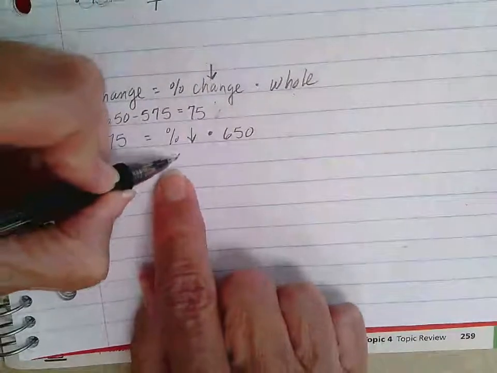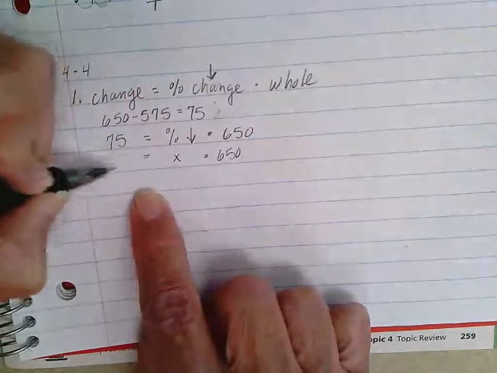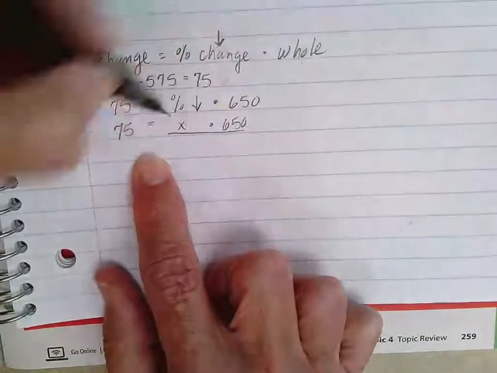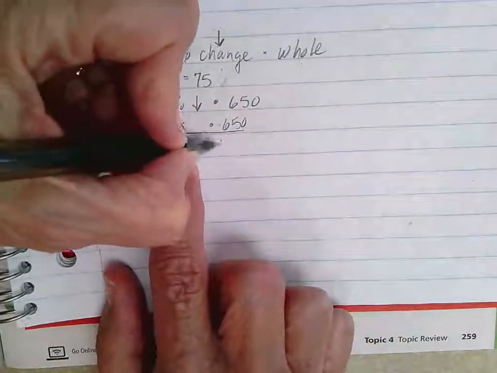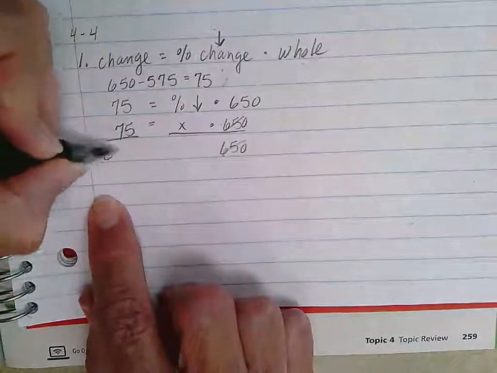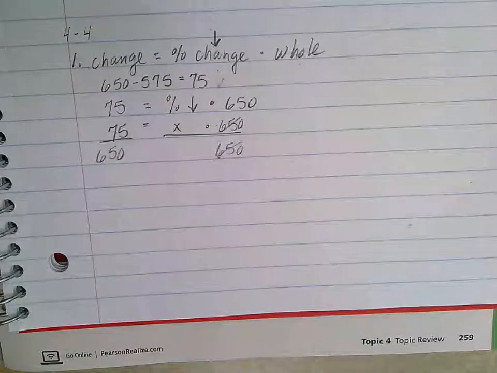So we're going to let this be our x times 650 equals the part. And then we just isolate the x by itself by doing the inverse operation. So we're going to divide by 650. 75 divided by 650.